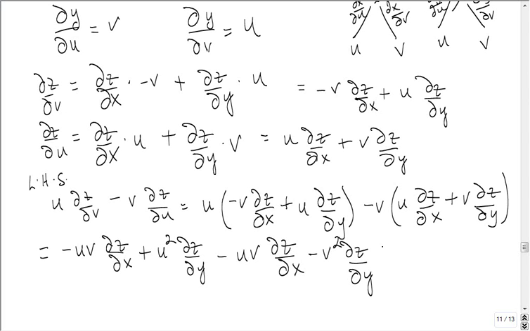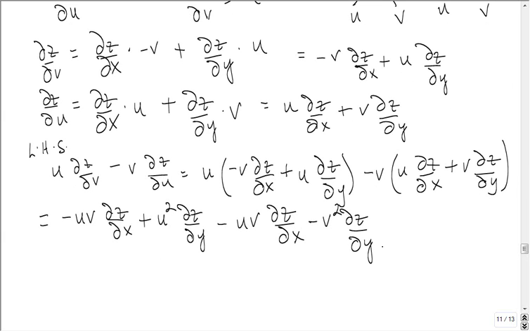Look back at the question. You want to get 2 times X partial Z with respect to Y minus Y partial Z with respect to X. So what you should do is simplify this as much as possible.